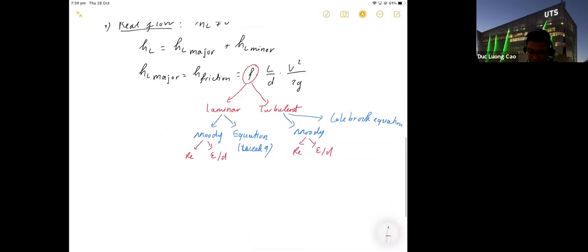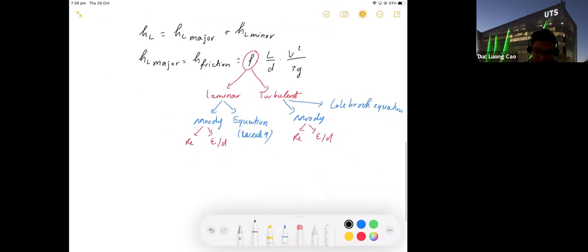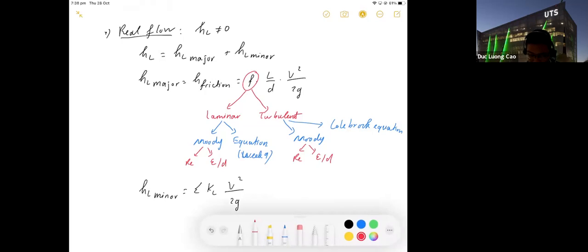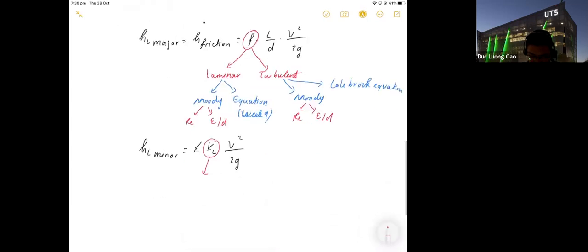Okay, HL major, HL minor equals sum of KL V squared over 2g, where KL here is a loss coefficient. This one you have in the lecture week 10.